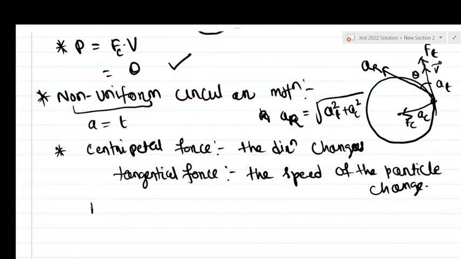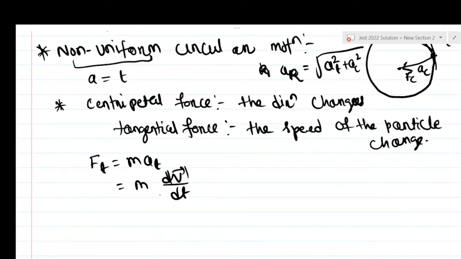So the tangential force will be m into a tangential, and the a tangential is dv by dt. If you find the resultant force, it will be the square root of tangential force square plus centripetal force square.